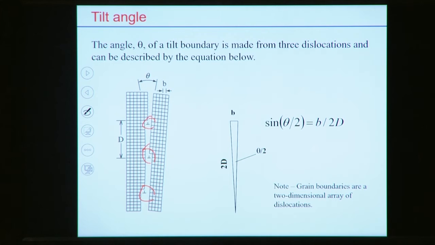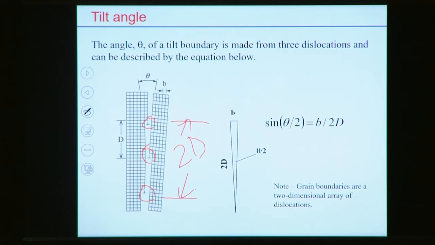In this case, D is the distance between two dislocations and B represents the Burgers vector. Although there are three dislocations, the total distance corresponds to 2D, and B is the Burgers vector, and this angular form is symmetric with respect to theta by 2.